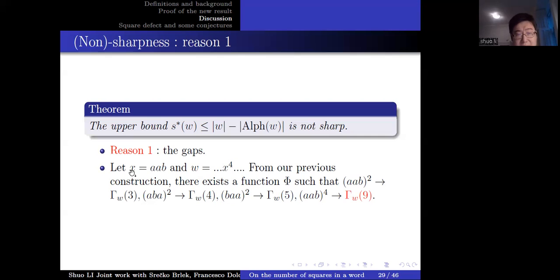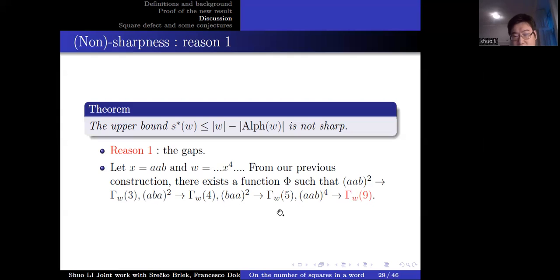If we let X be a word AB, and we let W be a word containing X to the power 4 as a factor, then from our previous construction, we can associate the word AB squared to a small secret on gamma 3, and ABA squared to a small secret on gamma 4, and the BA squared to a small secret on gamma 5.